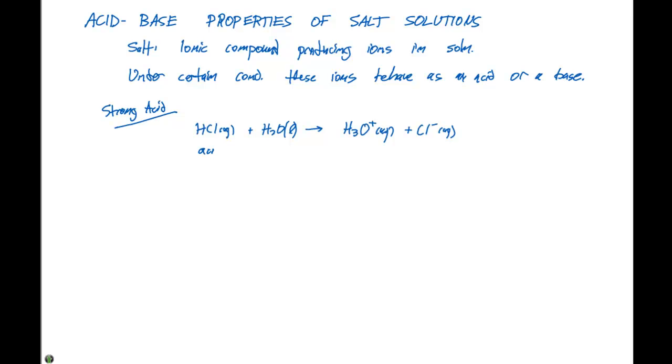HCl we can consider to be the acid, and the Cl- is going to be the conjugate base. A base must produce OH- ions in solution. So if we look at Cl- in aqueous solution, it's going to be in equilibrium with HCl plus OH-.